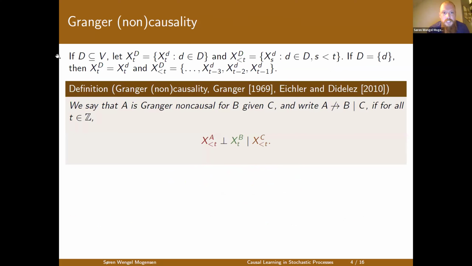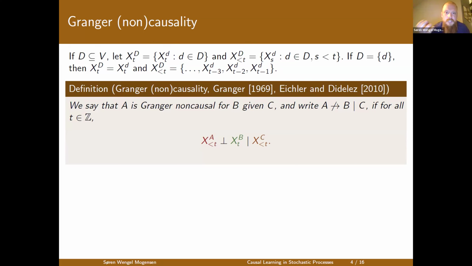And then a bunch of notation to define this notion of Granger causality. So I take D to be a subset of V, and then I have this set X_D^t, which are just the random variables in D at time t, right? And I also have X_D^{<t}, which is just the past of X_D. And we're ready to define this Granger causality.